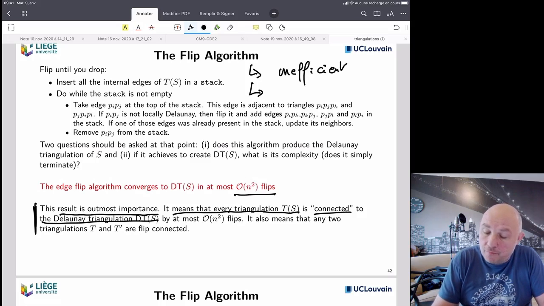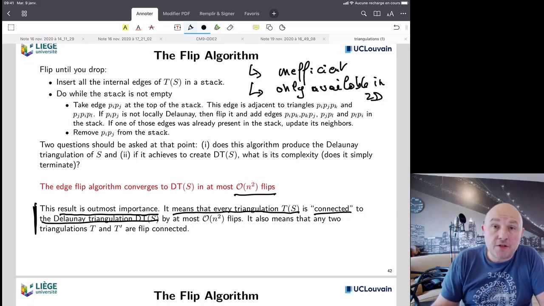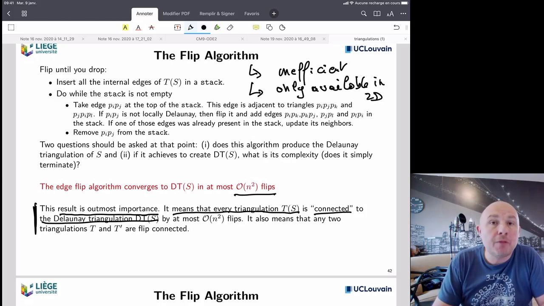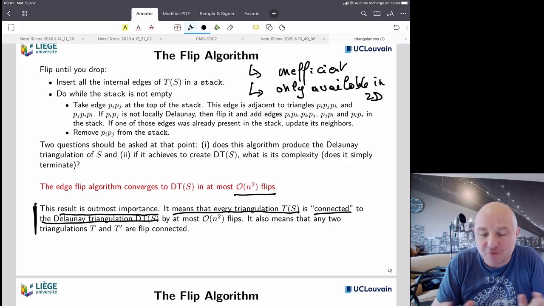It is also only available in 2D. In 3D, it's not available, and it may never be available. There are open problems in computational geometry. In computer science, I would say that half of the open problems come from computational geometry. There are a lot of open problems.